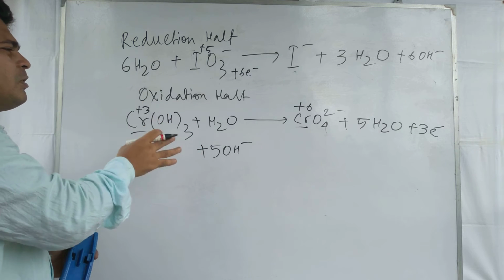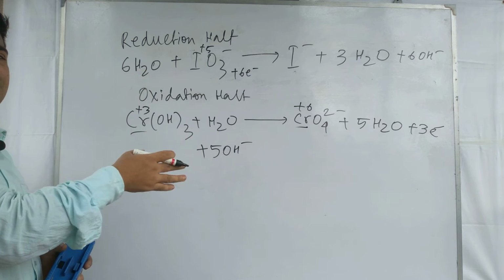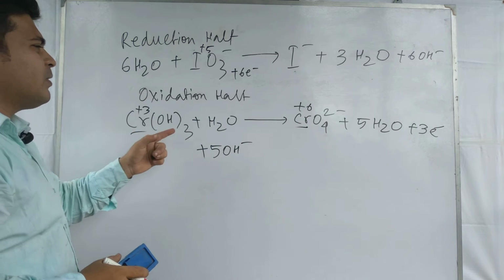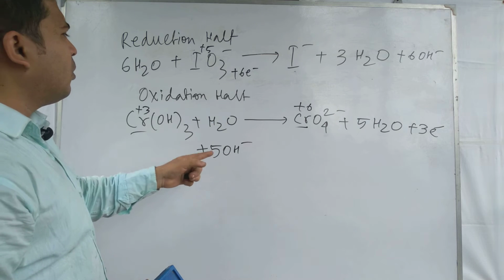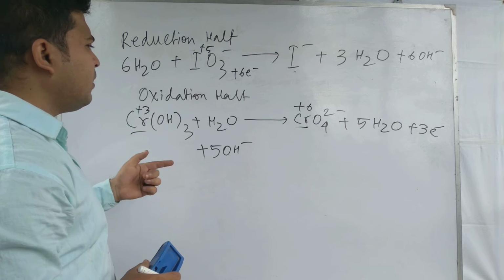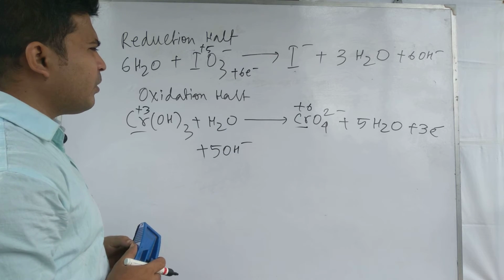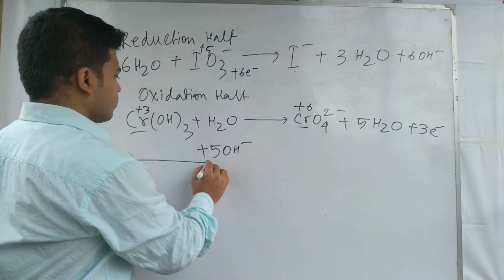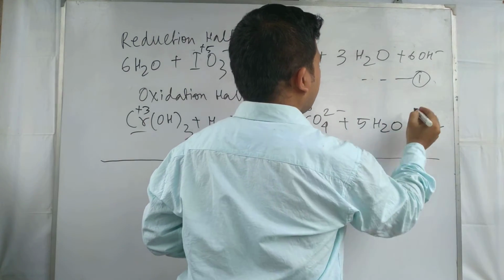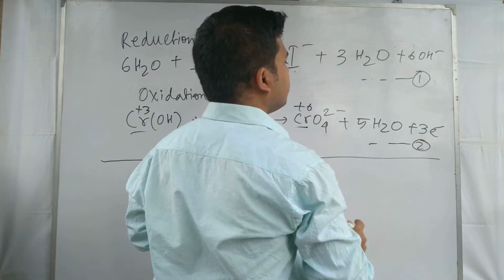So our oxidation half is balanced in charge. Okay, the charge balance is completed for the two halves, oxidation half and reduction half. Charge balance is completed. Next process is, suppose this is equation number 1 and this is equation number 2.